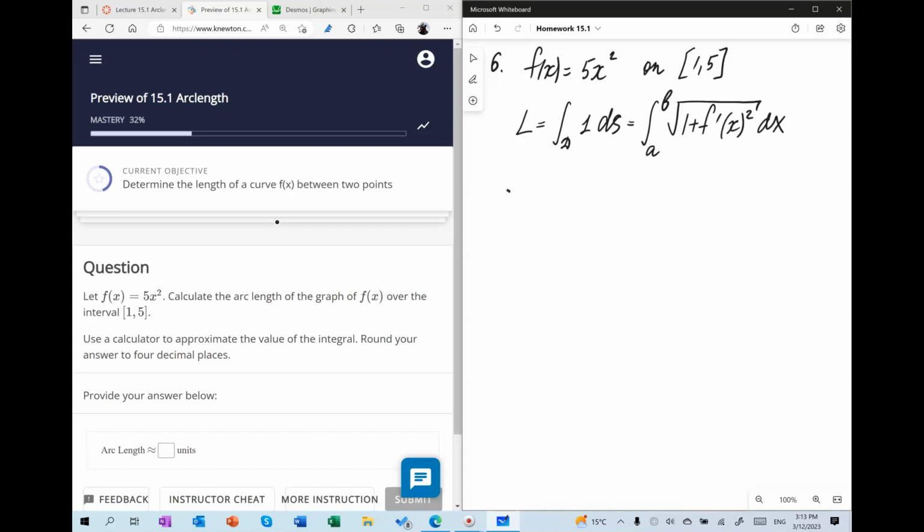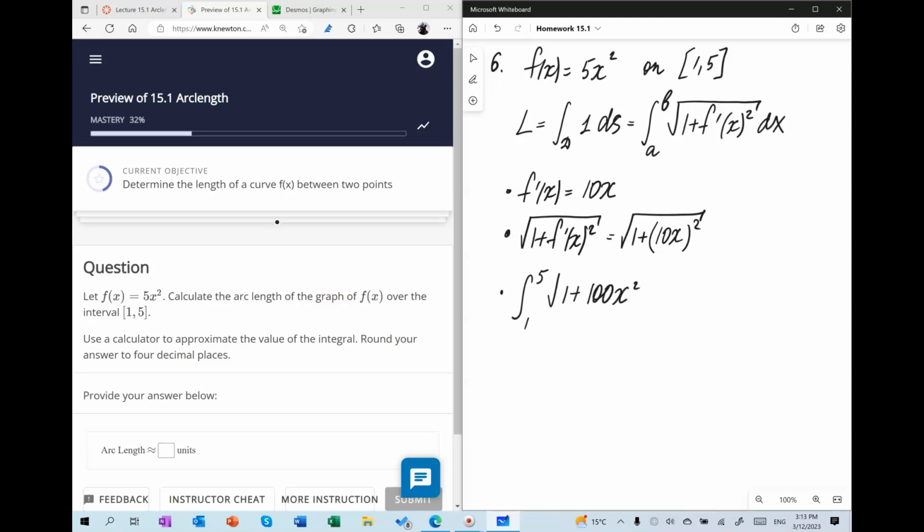And we're going to set it up in 3 steps. So the first step is we're going to find the derivative. It is 10x. Then we're going to find the integrand. It's going to be this. And we're going to set up the integral for the arc length as the integral from 1 to 5 of the square root of 100x squared dx.